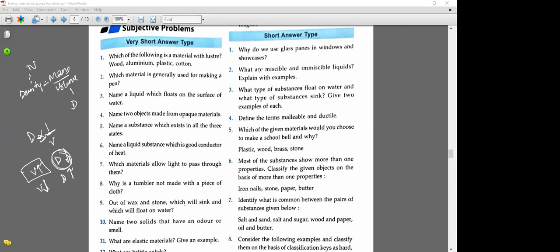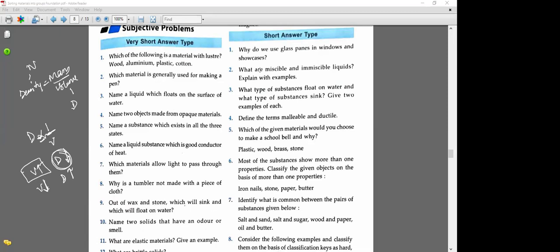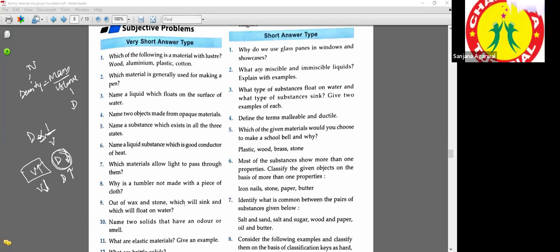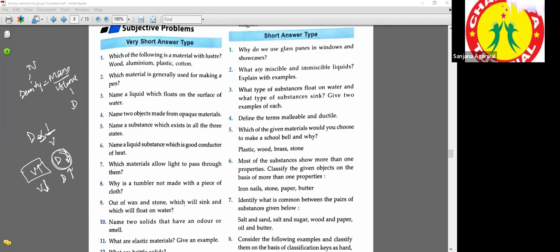Ductile substances are substances that can be made into thin wires. Okay, good. Ma'am, for both of them the example is copper. Have you seen copper sheets also? Yes, ma'am. Great. Next, Harshit.